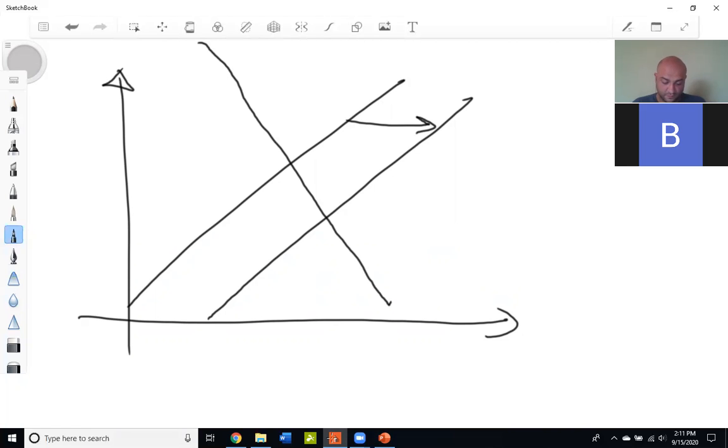So when we move from this point to this point, this will be our new equilibrium. This is equilibrium 1, this will be our equilibrium 2.